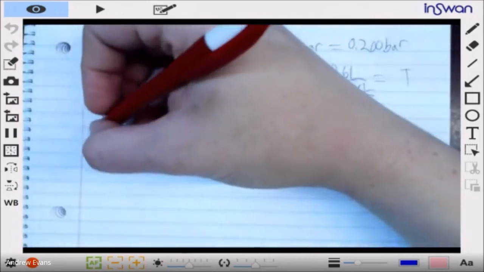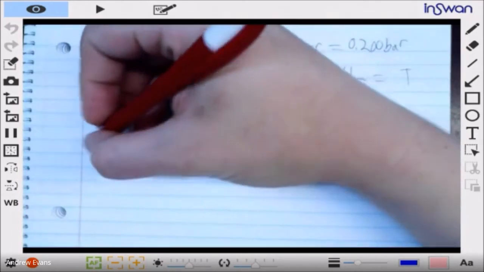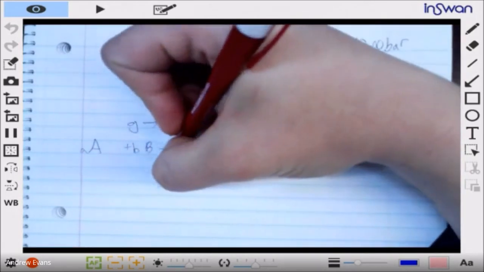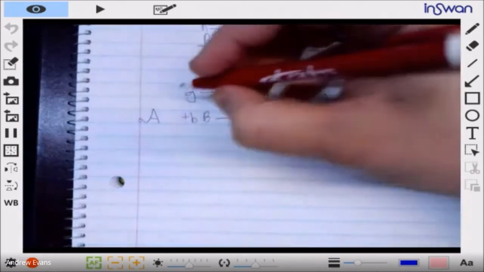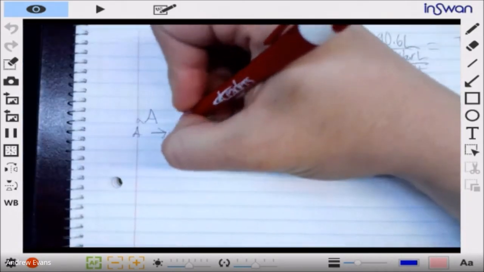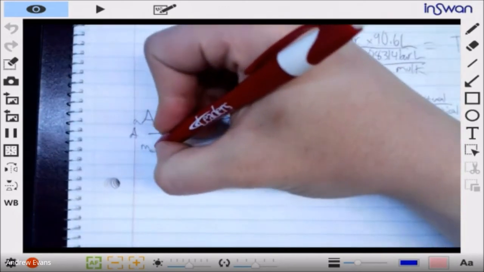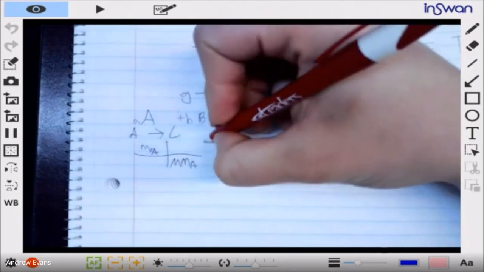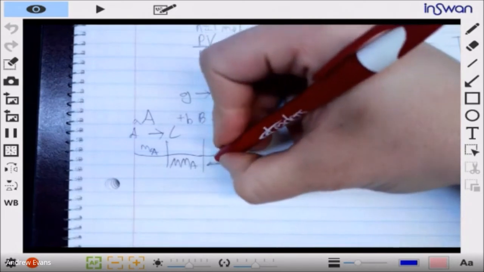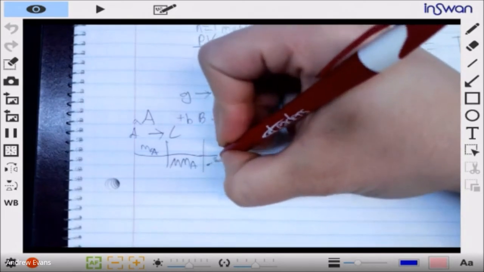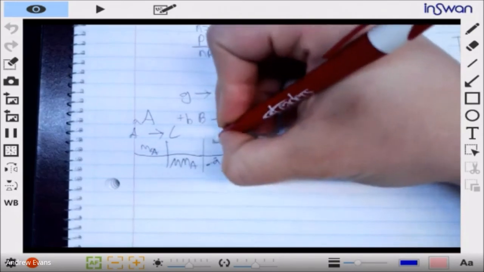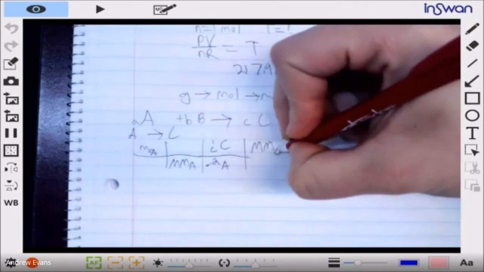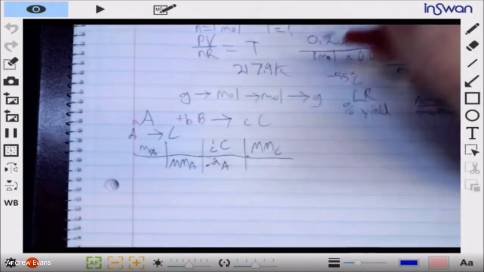So if I have an equation, I'm going to write aA plus bB goes to cC. If I want to go from A to C, I would have to have the mass of A divided by the molar mass of A, the coefficient a, and then the coefficient of C times the molar mass of C. This is our ratio.